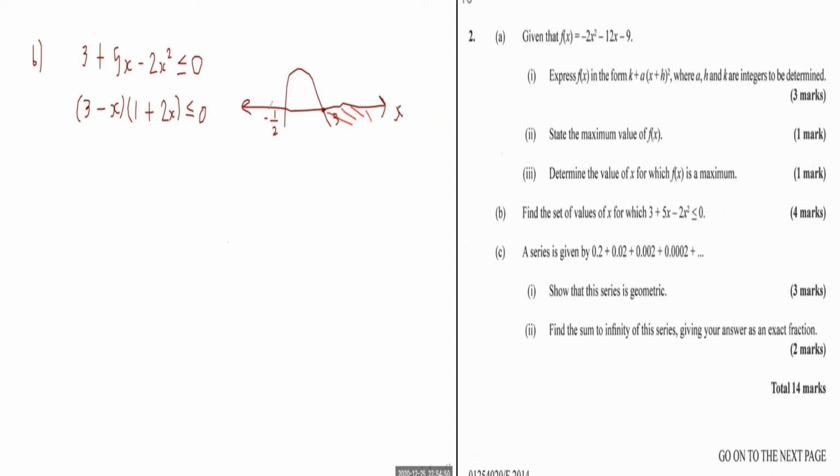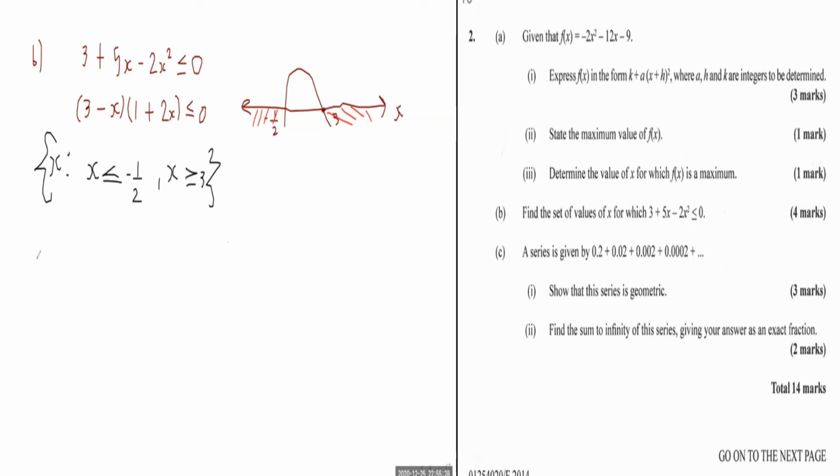So the portion of the graph that's going to be less than or equal to 0, so this is the solution. So x is such that x is going to be less than or equal to minus a half, or x is going to be greater than or equal to 3. And that's the solution. Nice and easy. Looking at the graph, that's what we're getting. Nice and easy.